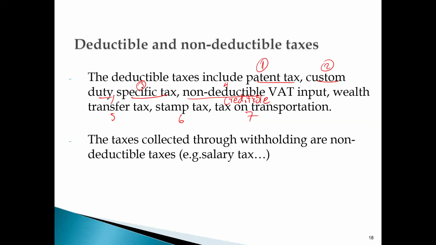So it's around 300. But if you are a large taxpayer, how much is it? 2 million if your turnover is less than 2.5 million, 2 or 3 million? 3 million Khmer Riel, not 2.